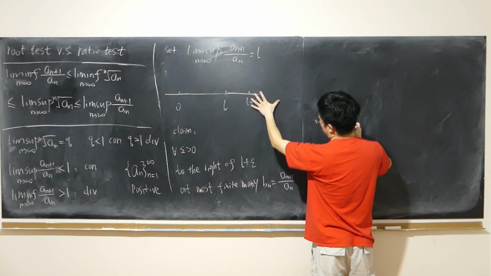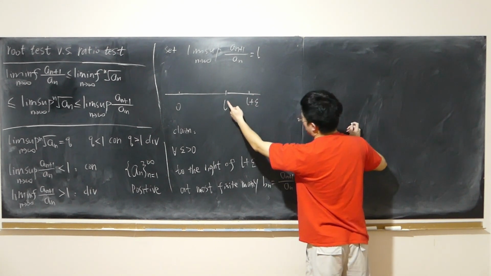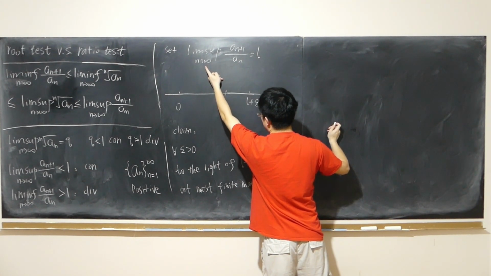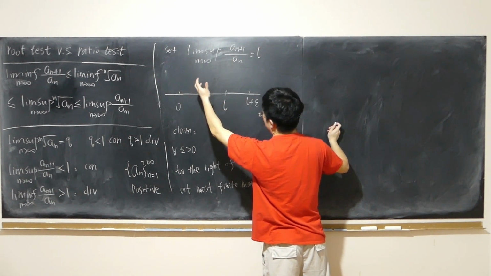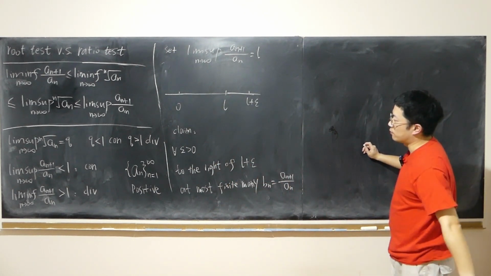Meaning we've found another limit point bigger than this limit point, but this limit point is given to be the lim sup, meaning it is the biggest limit point out of all the limit points, where each limit point is a limit of a subsequence. So our claim is really correct.